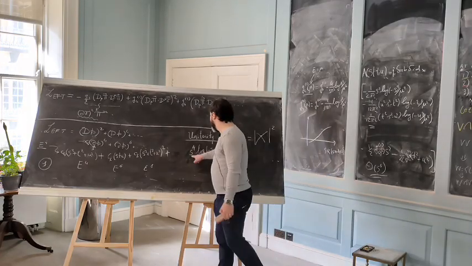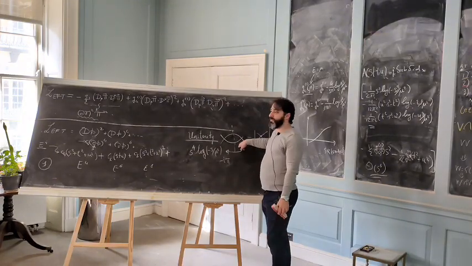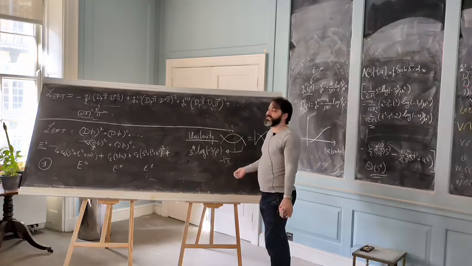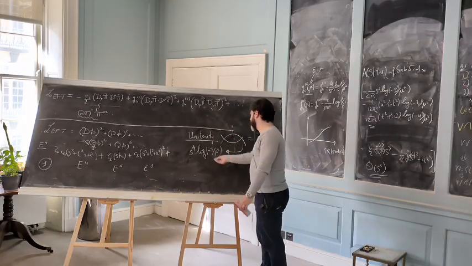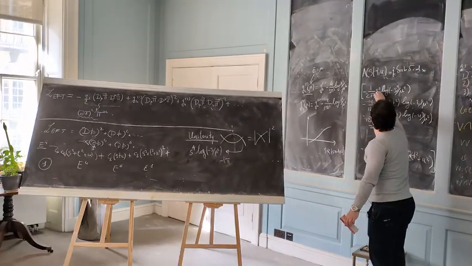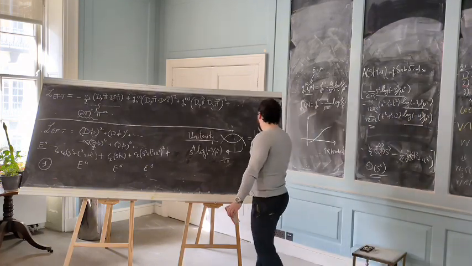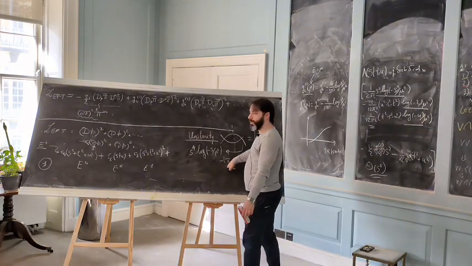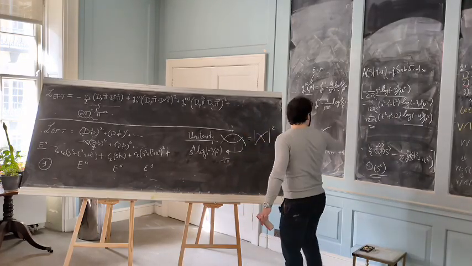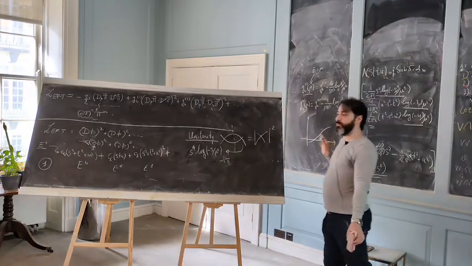The square of tree level is just s to the 4 times a constant. So to know the full answer, you want to know what is the function that has a constant discontinuity. And that's the log function. Then you get log of minus s divided by mu square, and these are exactly the logs that appear here. If you put the proper pi factors and the proper factors here, you also get the precise coefficients without any computation.